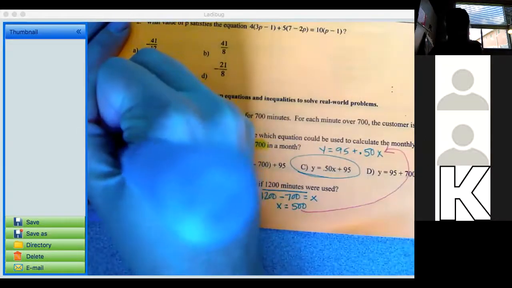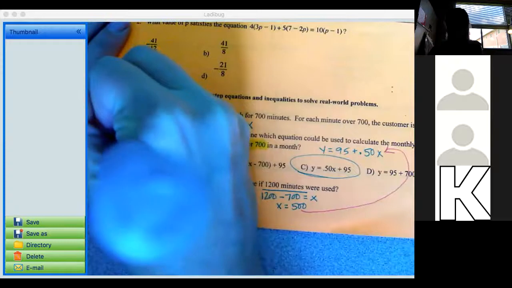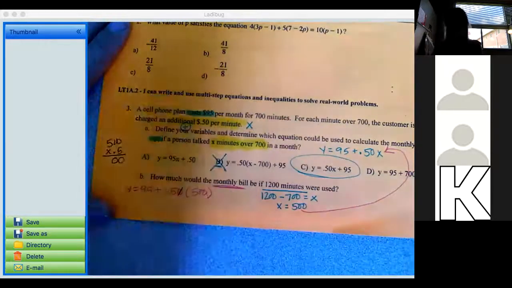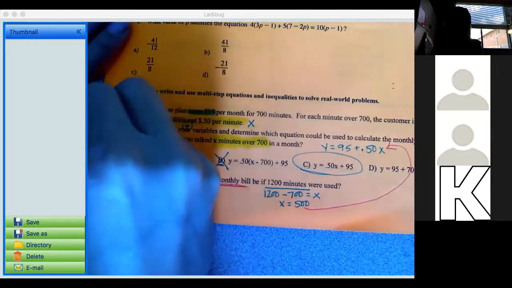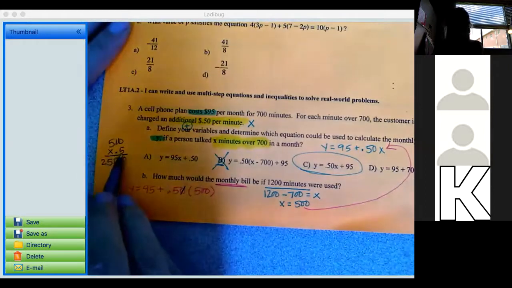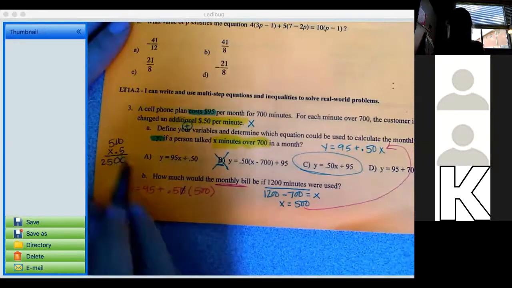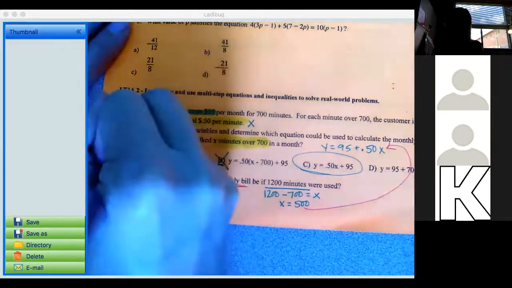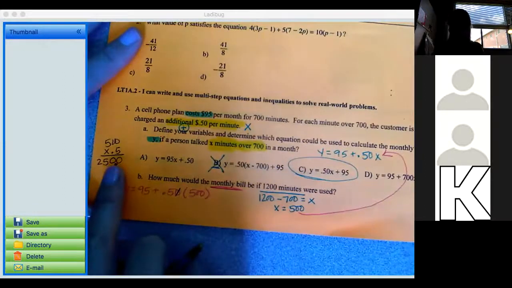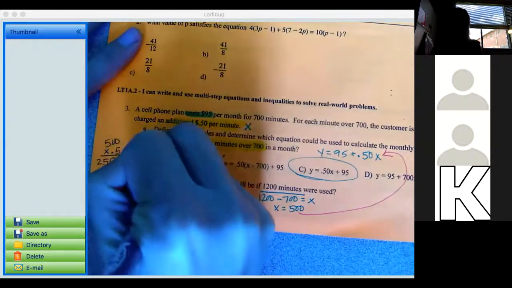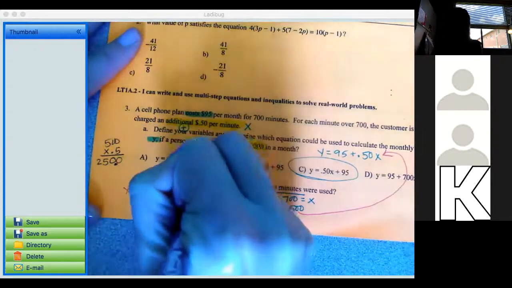What's 0 times 5? What's 5 times 5? 25. And then how many decimal places do I need? Just one. You don't need that 0 behind the 5. So just one decimal. 0.5 of 500 is good. So we're going to do 95 plus 250, which equals how much money?